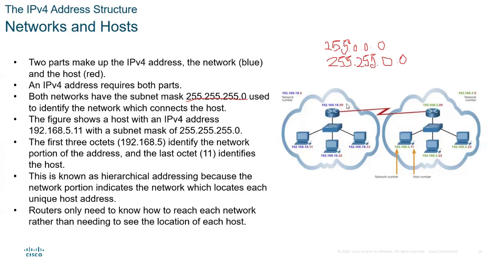Then the last part, which is unique, you see this one is having 99, this is having 11, this is having 22, this is having 33. They are unique because if you assign the same to 2 devices, there's going to be conflict. The two devices will not be part of that network. That part is what we call the host part. So we have the network part, we have the host part.